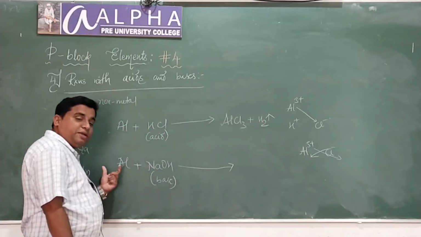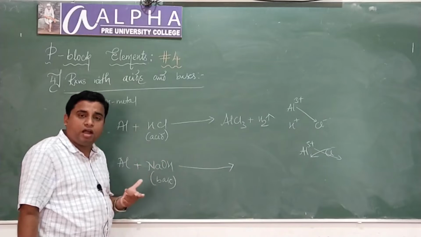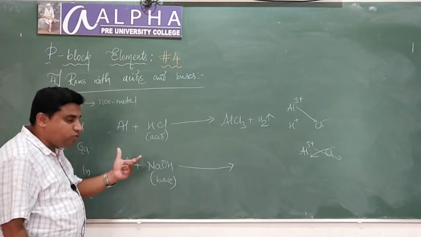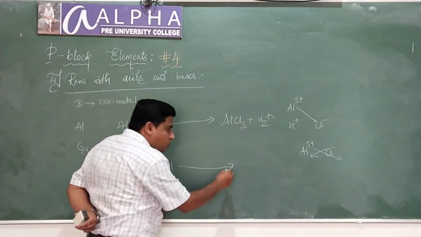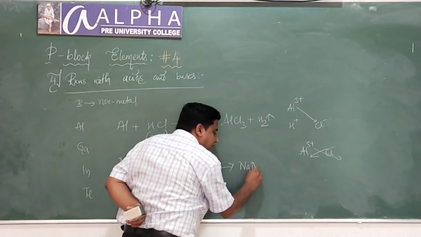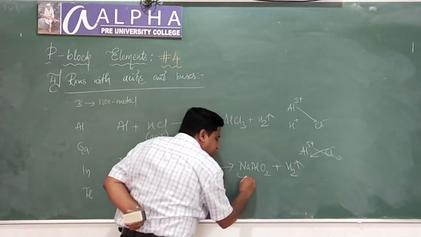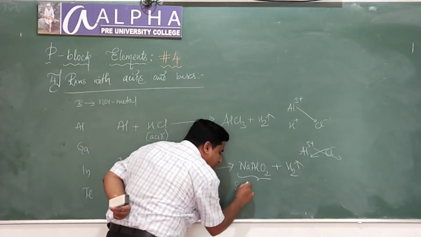What happens when aluminium reacts with a base? It forms a peculiar compound. I have told you this in S block elements. Aluminium reacts with the base to form NaAlO2 and it liberates hydrogen gas. This NaAlO2 is called sodium aluminate.